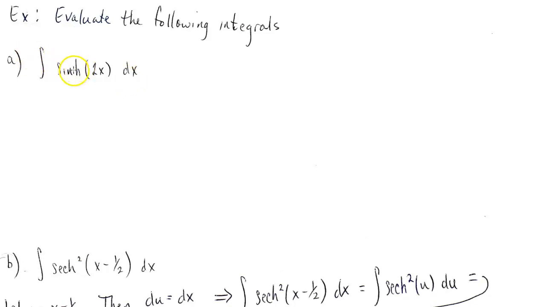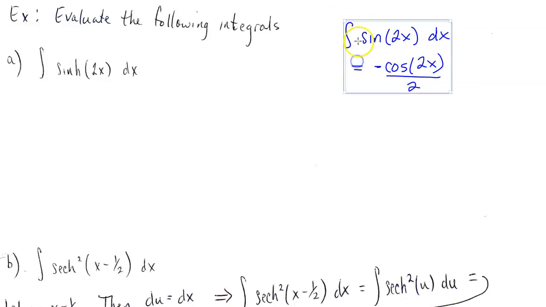And so for this first example here, if you think about whenever we take the antiderivative of sine of 2x dx, if you work with this enough, you'll know that the antiderivative of sine is going to be a minus cosine of 2x. But because of the fact that we would have to use substitution, we would end up with a 2 down in the denominator there. And that mainly comes from the fact of using the substitution rule.